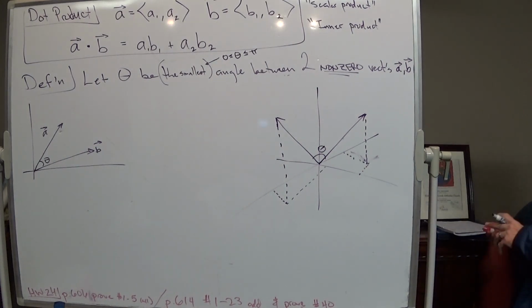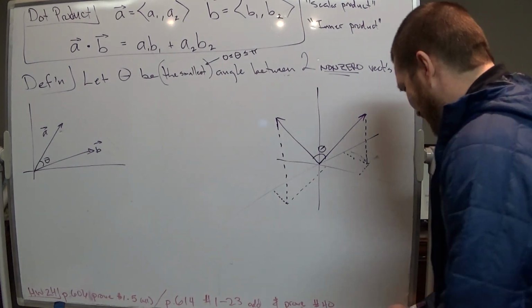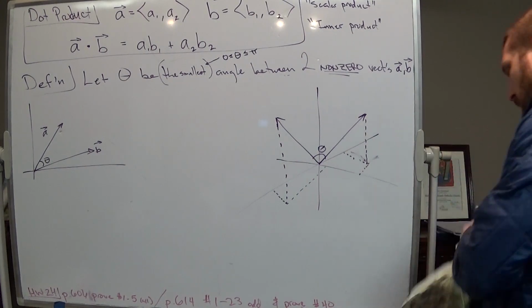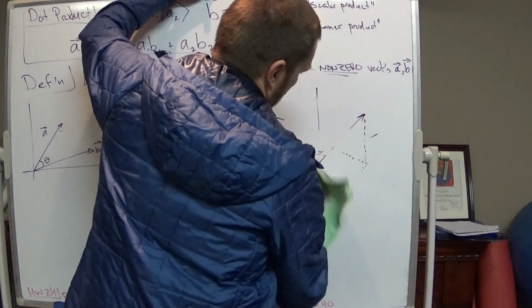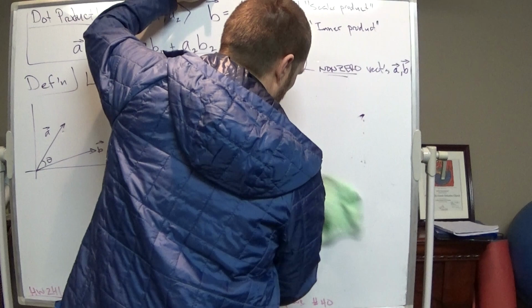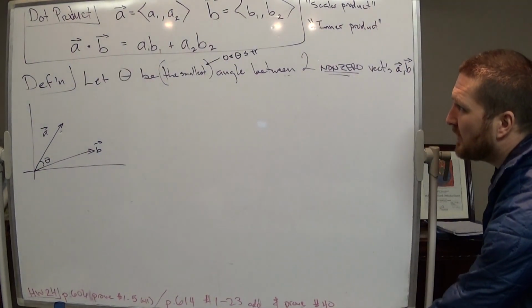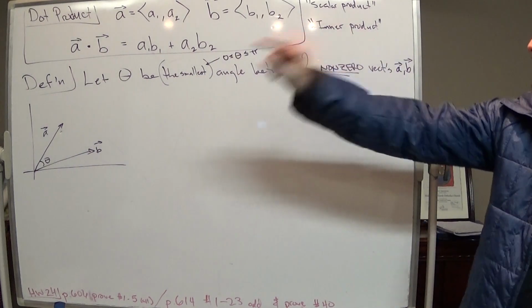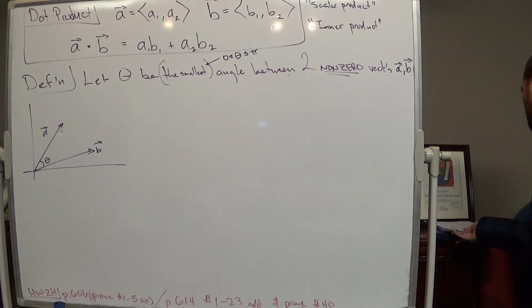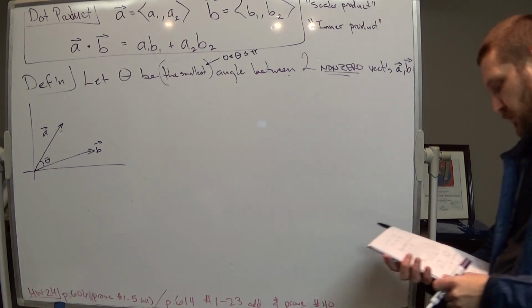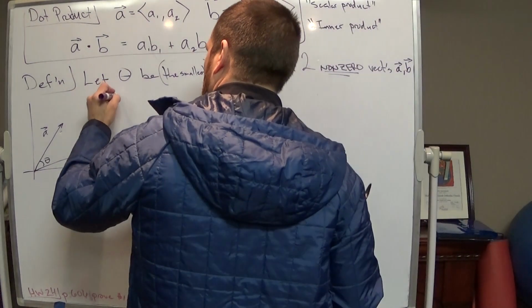What we're about to do is really cool, at least I think. But first we need a definition, and here's the definition. Let theta be the smallest angle between 2 non-zero vectors A and B. Then, it's 2 definitions.